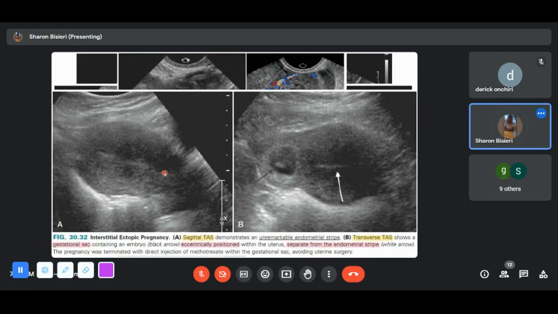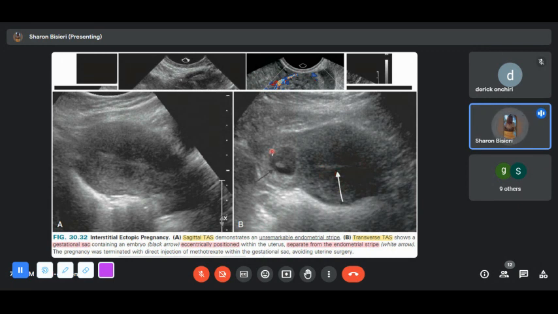In this next set of images, we have transabdominal scans. Image A shows the surgical cut through the uterus. You can make out the anterior wall, posterior wall, and the echogenic endometrial stripe, and it looks unremarkable. However, if you look at image B, you can still make out the anterior and posterior wall of the uterus with the echogenic endometrial stripe.